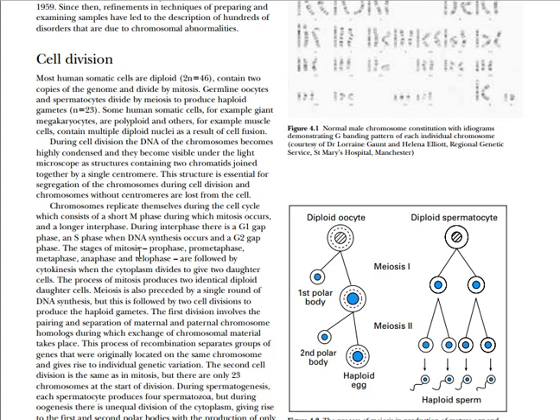Now we have prometaphase and metaphase. In prometaphase and metaphase, the centrioles, which are attached to the microfilaments and the actin filaments, together with the myosin filaments, are going to mobilize the chromosomes such that the chromosomes will align in the center.